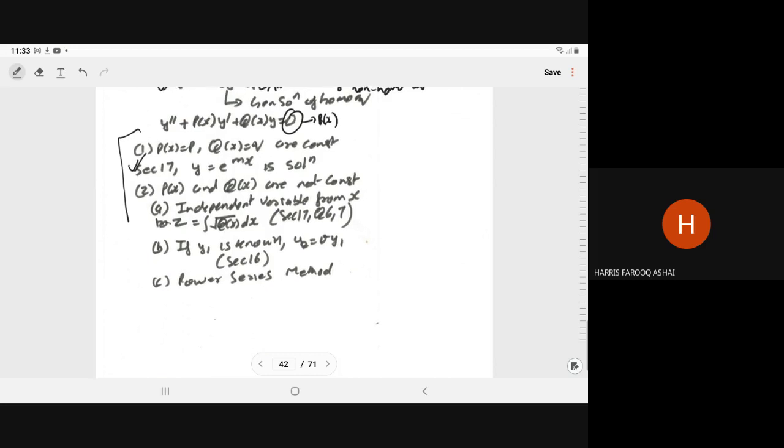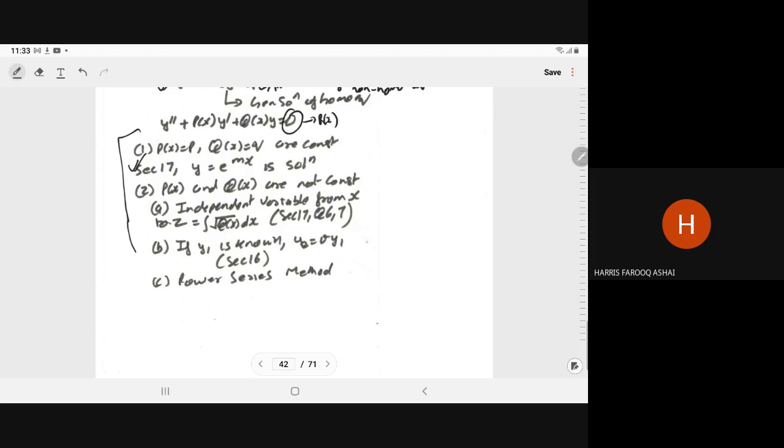Then after that, if by inspection or somehow you know one solution, the second solution you can determine as y2 equal to v y1, where v is the integral of 1 upon y1 square e to the power minus integral p dx, with respect to x. That is section 16.